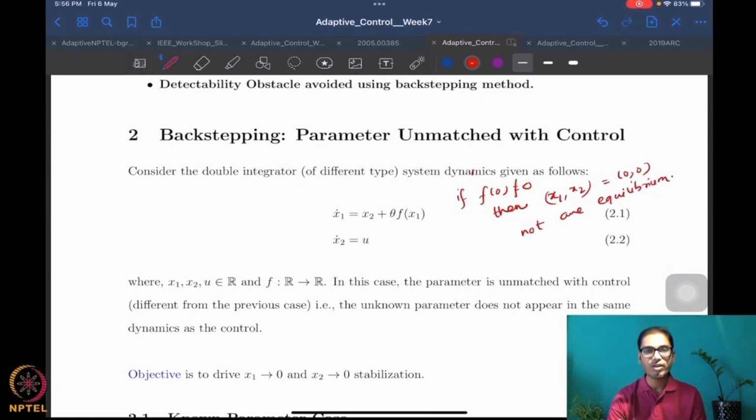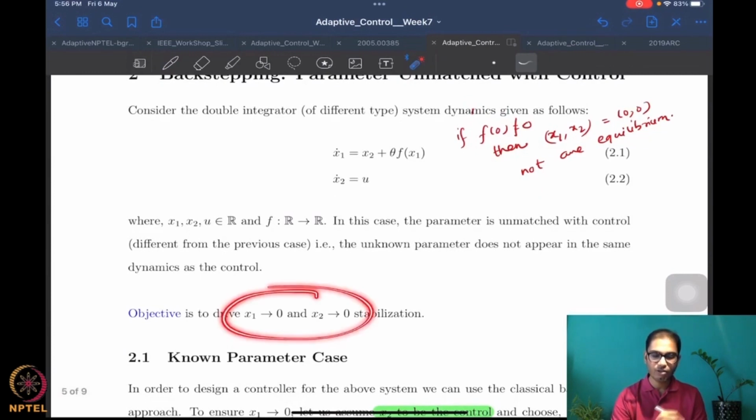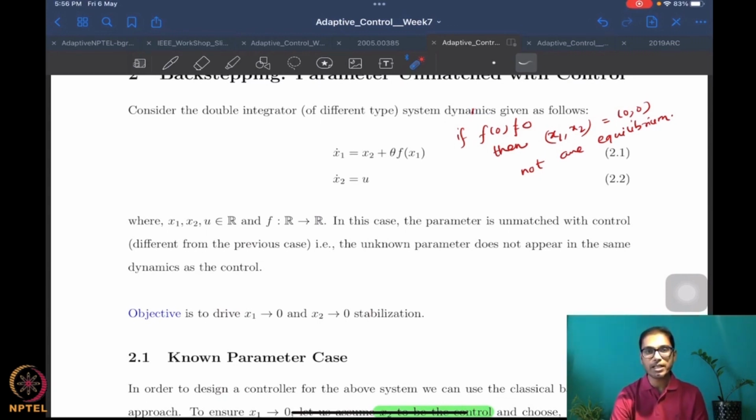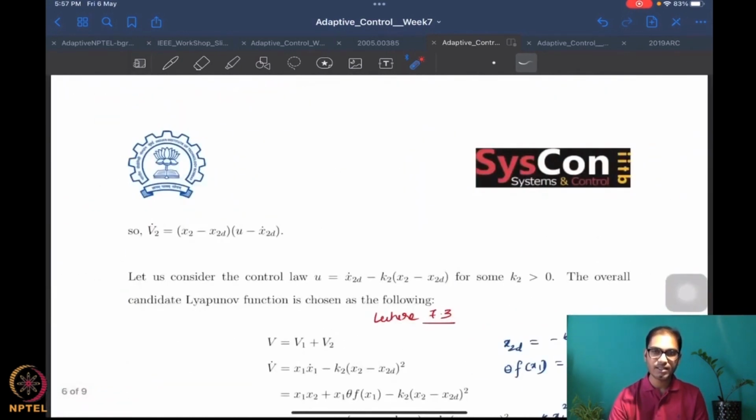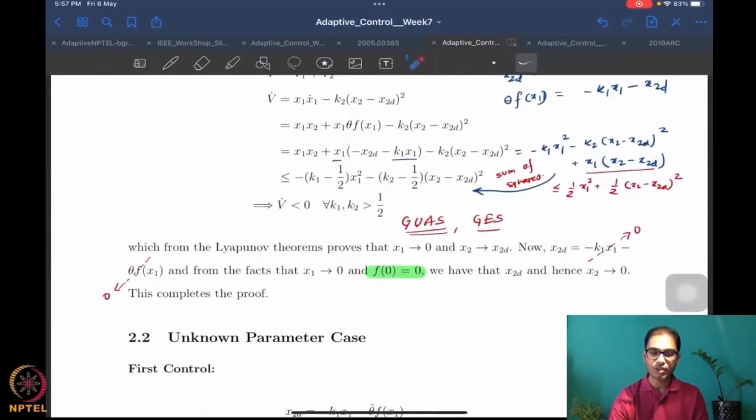And remember that we're always trying to analyze stability of an equilibrium. It doesn't make any sense to analyze the stability of a point which is not an equilibrium. So if we are interested in going to the point 0, 0, then it had better be an equilibrium of the system. And so f0 equal to 0 is a very reasonable assumption to ensure that x1, x2 equal to 0, 0 is in fact an equilibrium of the system. So this is a fairly reasonable assumption, no problem.